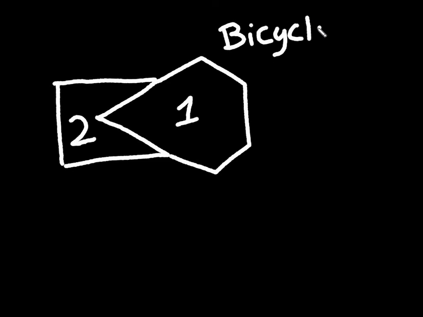Okay, so we have 2 enclosed shapes. They're both cyclo. There's 2 of them. So we can automatically call this bicyclo. Bicyclo is what you call it. It's cyclic. Bicyclic. Bicyclo.